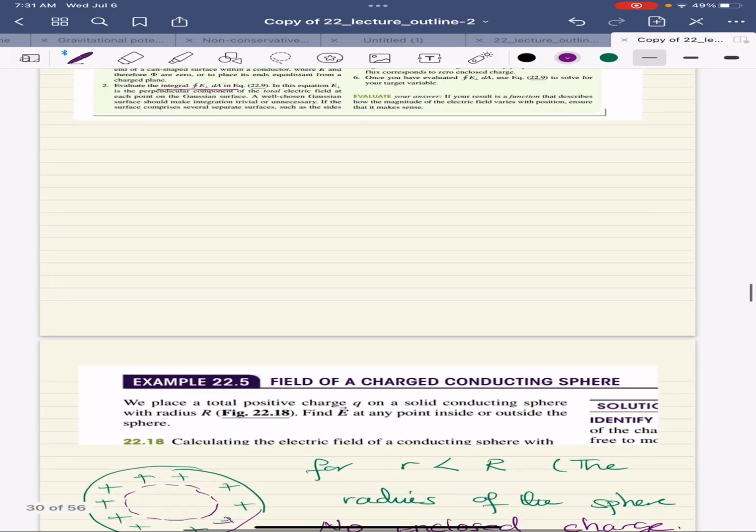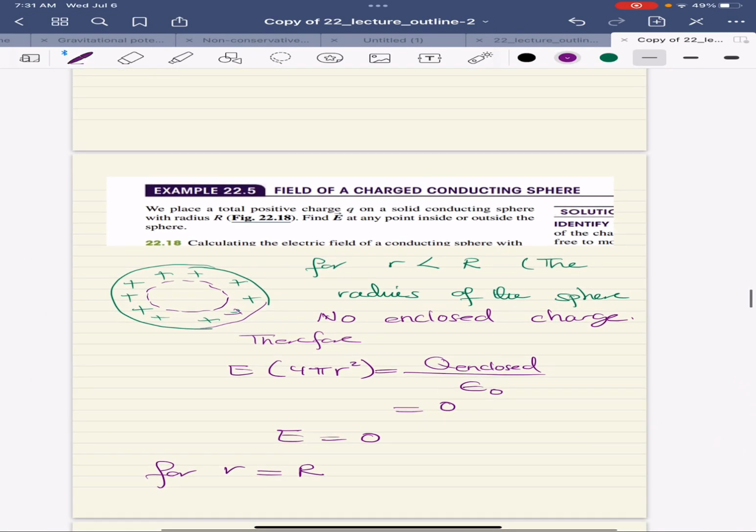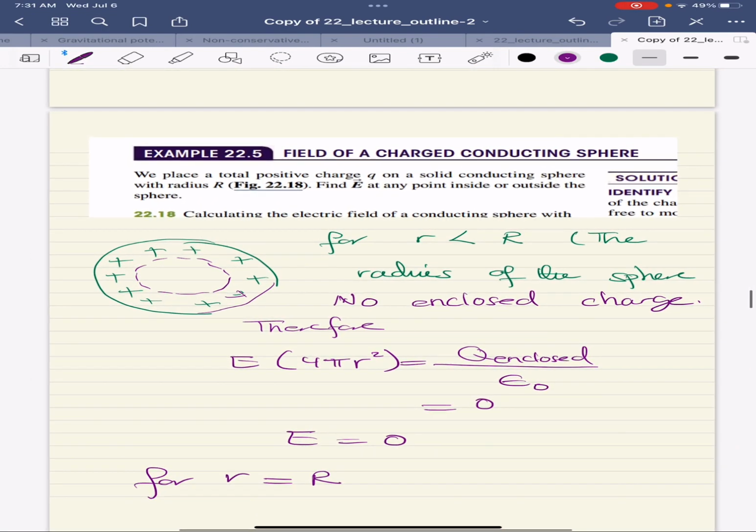Okay, let me show you an application of Gauss's law. We place a total positive charge Q on a solid conducting sphere with a radius R. Find E at any point inside or outside the sphere.